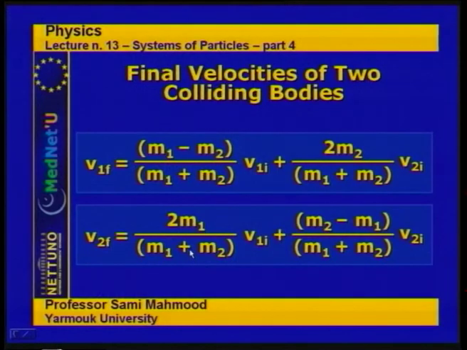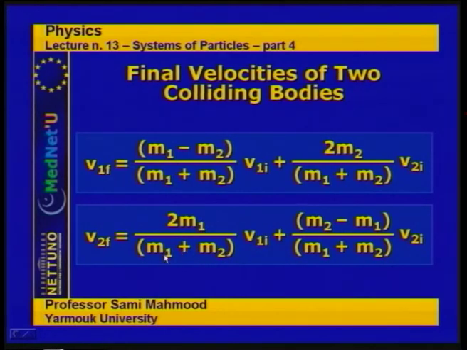The final velocity of the second object, the massive object, after it has been struck by the smaller object, can also be evaluated in this special case. We have v2 initial equal to 0, so the second term drops down, and we are left with the first term, which is 2m1 divided by m1 plus m2.